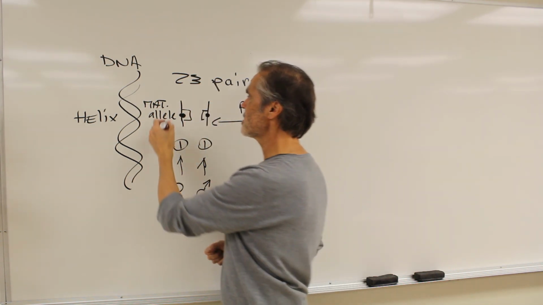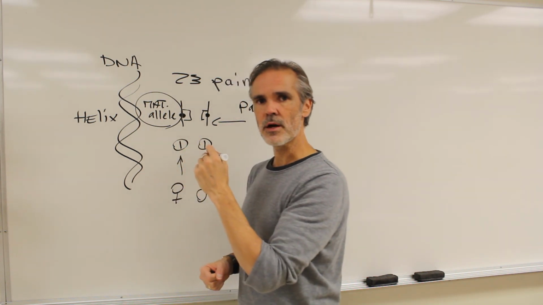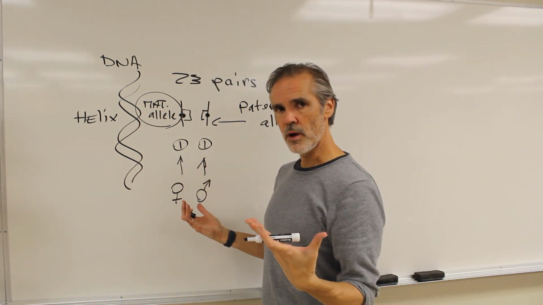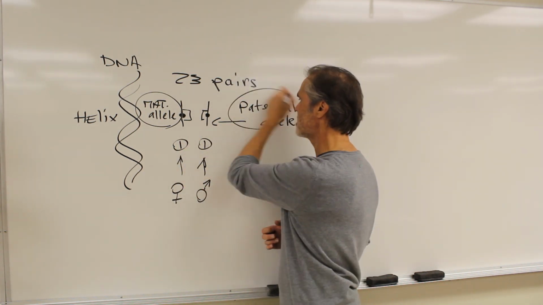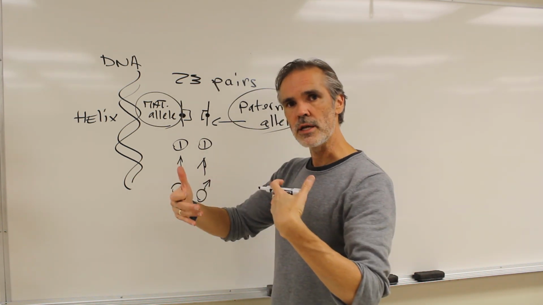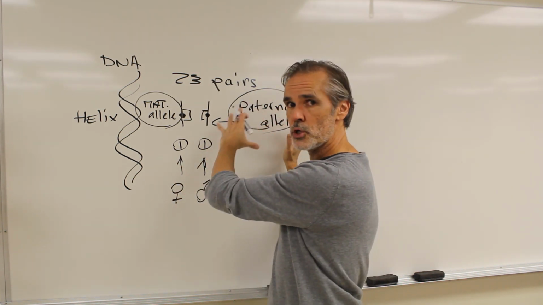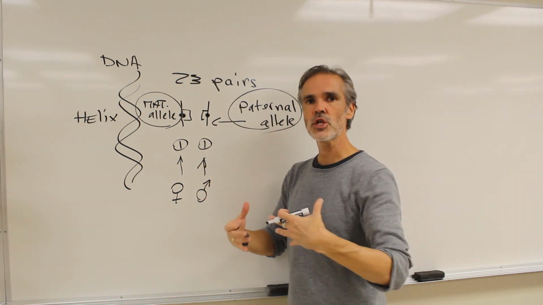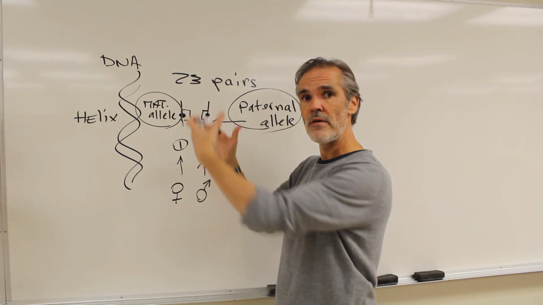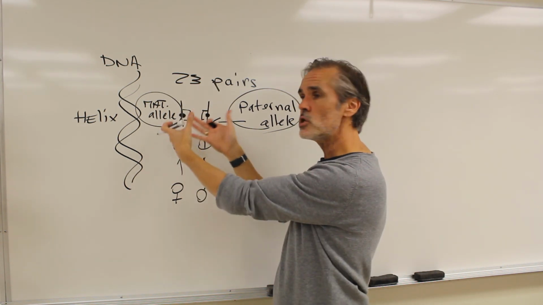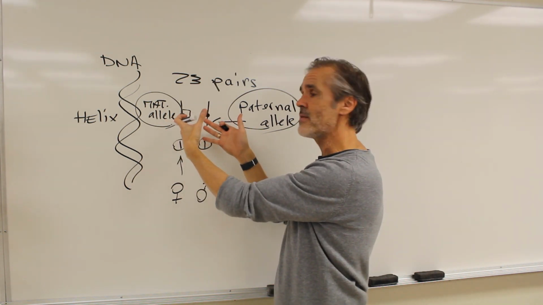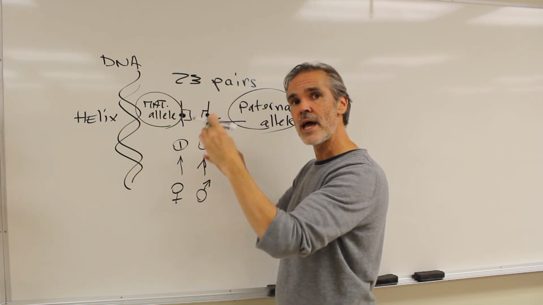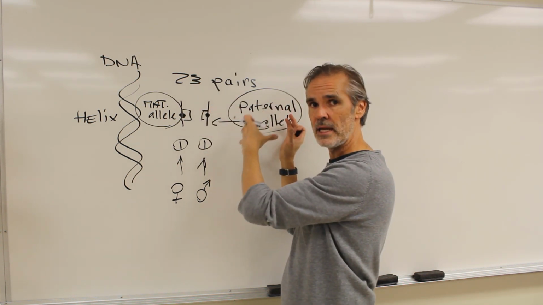So now, since we have an allele that comes from your mother, it is possible that this allele is different at some point from the paternal allele. It is possible that in the composition of that DNA, you have variation in the maternal allele, with sequences that might be slightly different from the paternal allele.